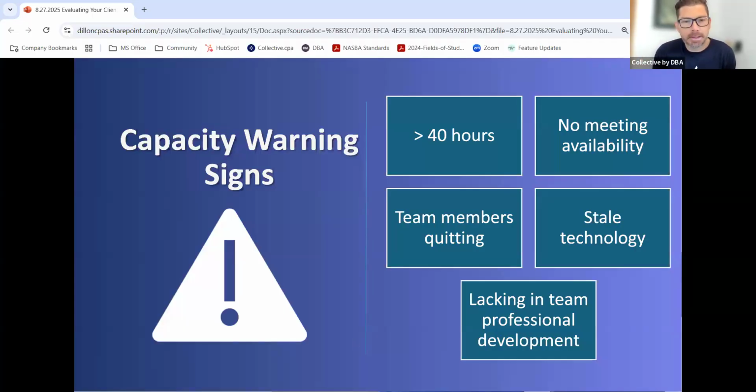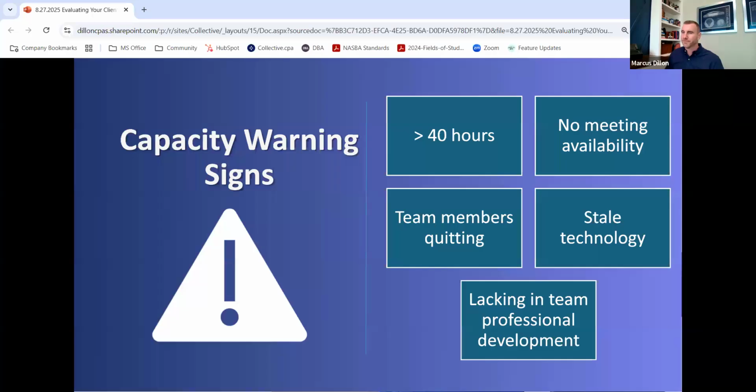I've got capacity warning signs up on the screen here, and we've got 5 that we're sharing. Do you want to maybe briefly hit each of these? Yeah, man. All of these look familiar to me, and maybe to other firm owners as well. Everything we do, we can kind of equate it to capacity, right?